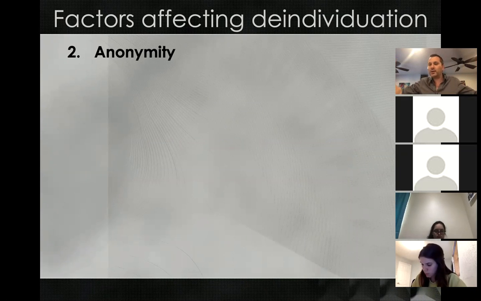So if you're part of a large group, for instance, and you feel sort of anonymous because you're part of that large group, or because it's dark outside so you can't be identified, or you're all wearing similar clothing so people can't differentiate between you, that all increases your feeling of anonymity, that no one can identify you. And when that happens, we feel like we become part of a larger group, which is what de-individuation is, right? Losing our sense of individuality. And so as a consequence, we become de-individuated, which loosens constraints against deviant behavior.